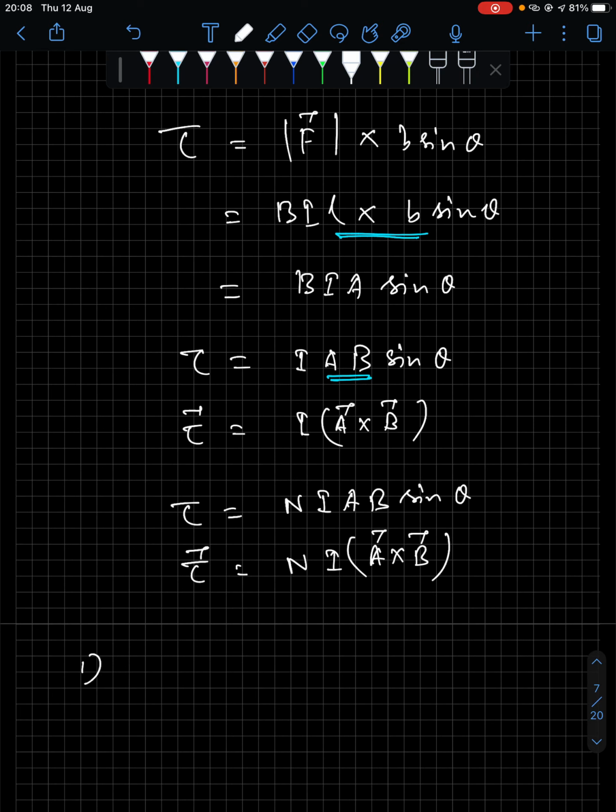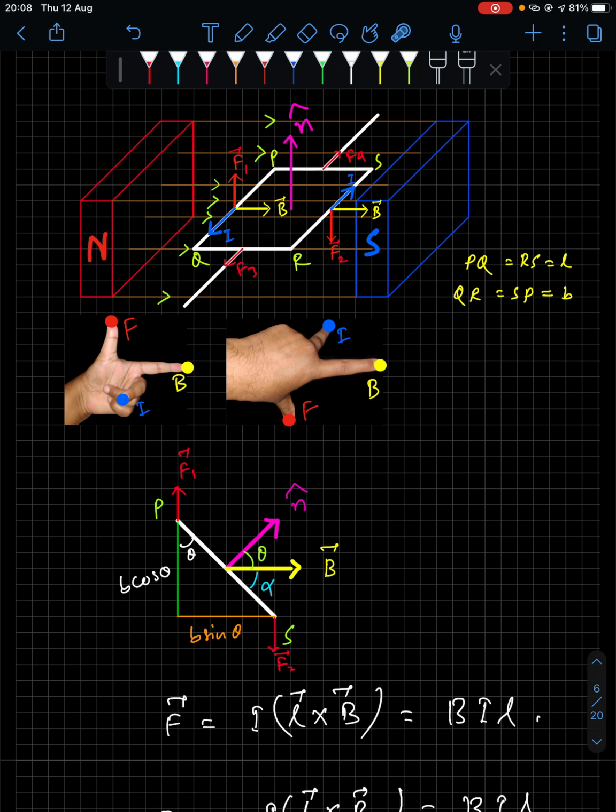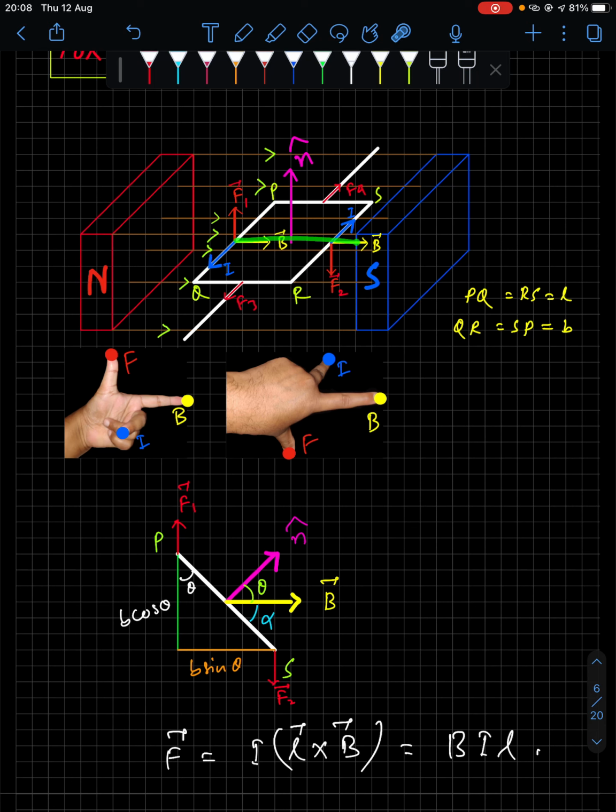Now special case number 1. If theta equals 90, theta equal to 90 means the plane of the loop will be parallel to B, as I told you before, but n vector will be perpendicular to B. In that case sin 90 is 1, therefore torque will become maximum.